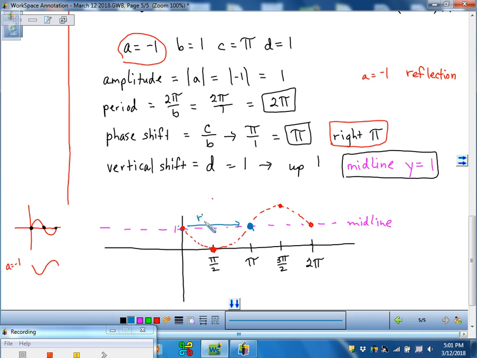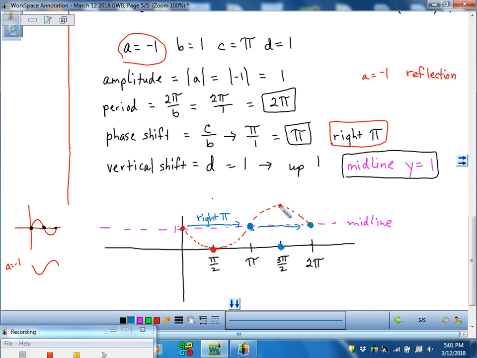Okay, so I'm going right pi. Now I'm going to take my next point and I'm going to move it pi to the right. So if I move it the same amount, pi to the right, it's going to end up over here at 3 pi over 2. So I have one point here, I have my next point here. Now I go to my third point. When I move it pi to the right, it's going to end up on top of the point at 2 pi.